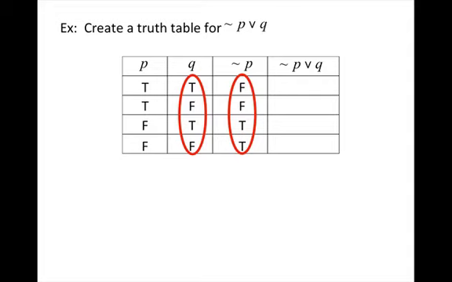So if I look at line 2 of my truth table, not P is false and the Q is false. So my not P or Q is going to be false. In every other case, at least one of them was true. So in all other cases, my OR is going to be true. So my final column for not P or Q is true, false, true, true.